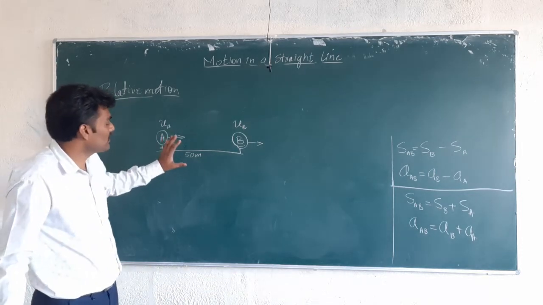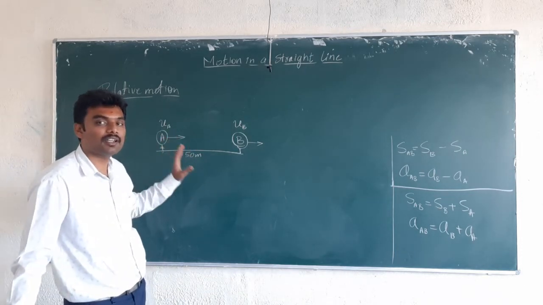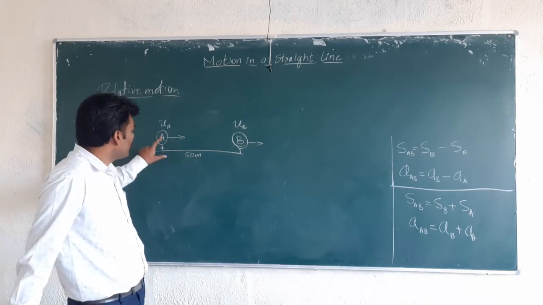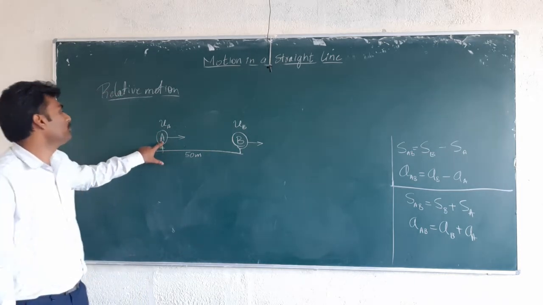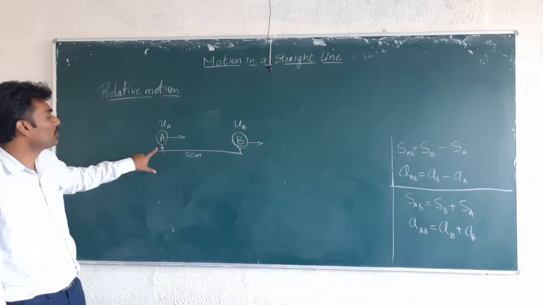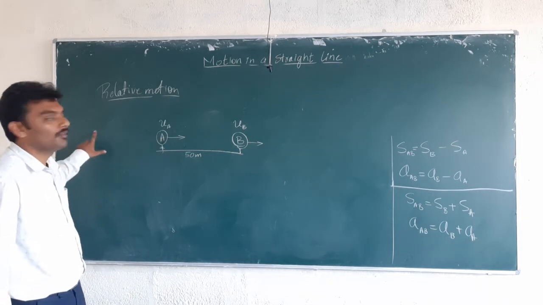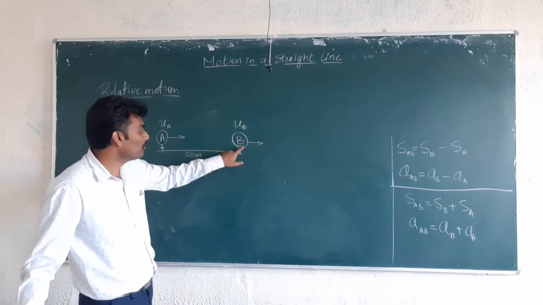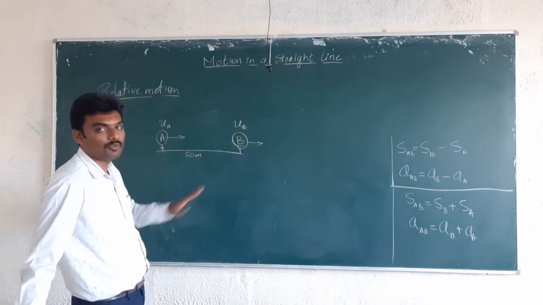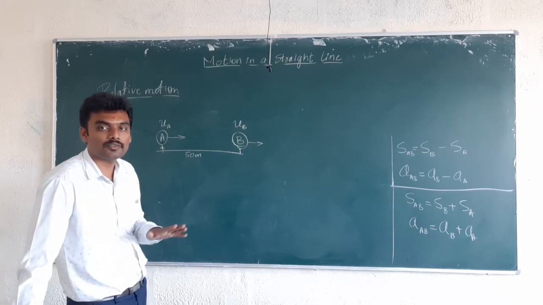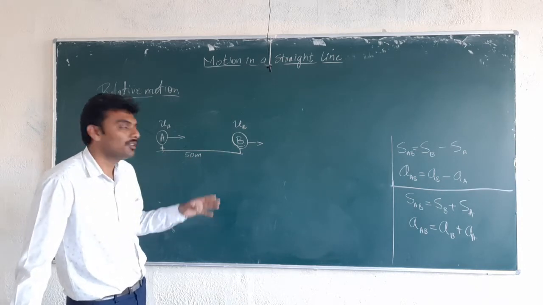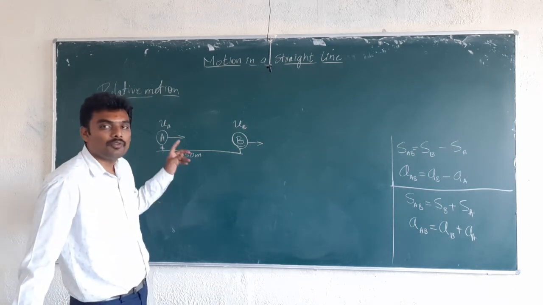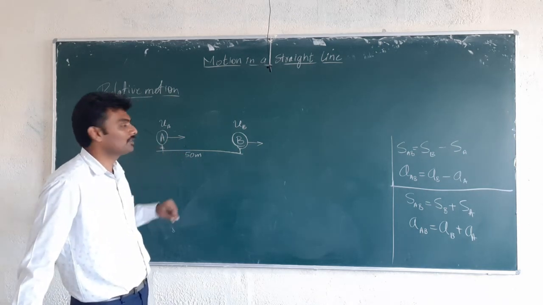This is the initial situation of the motion that is given to us. How was the motion of body A or body B before we start the observation? We are not bothered. We don't want it. From the point when we start to observe the motion, we should consider the factors.